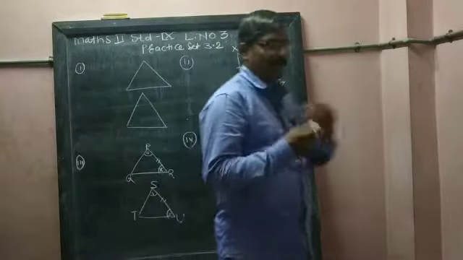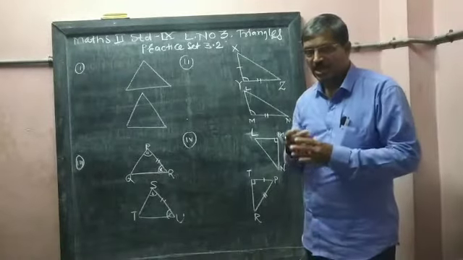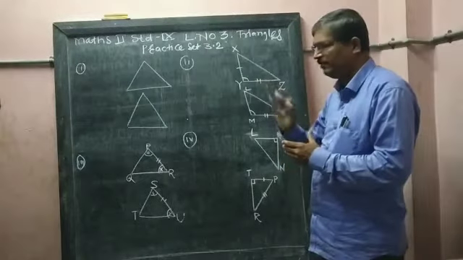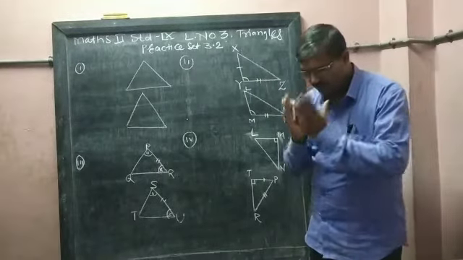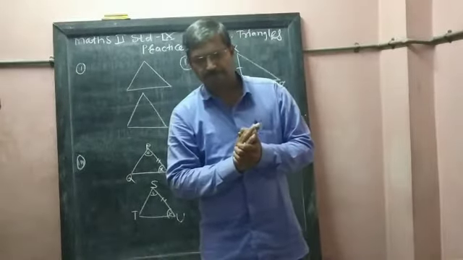Now we are entering into practice set 3.2. Here in this practice set 3.2, we are going to prove how two triangles are congruent to each other.